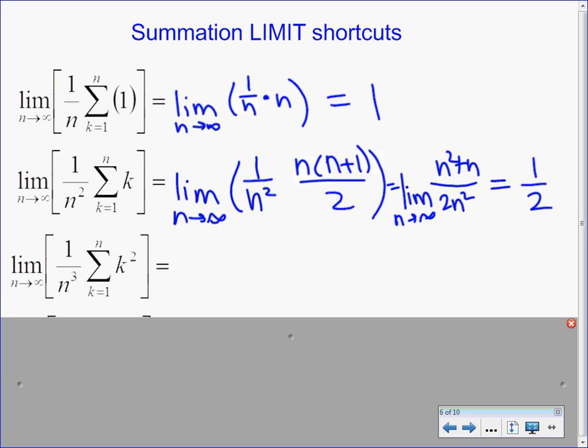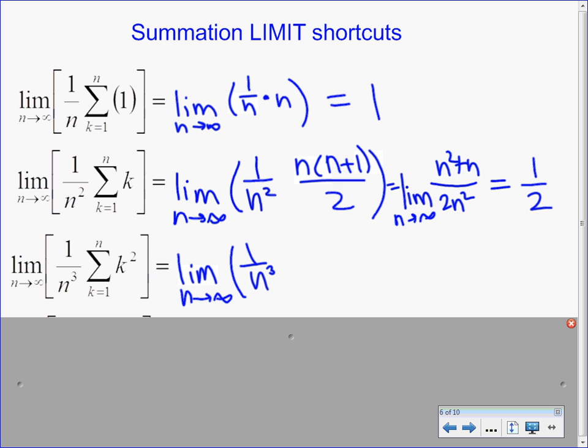Next one. Okay, so we have the limit as n approaches infinity. 1 over n cubed stays because we're plugging in values k.